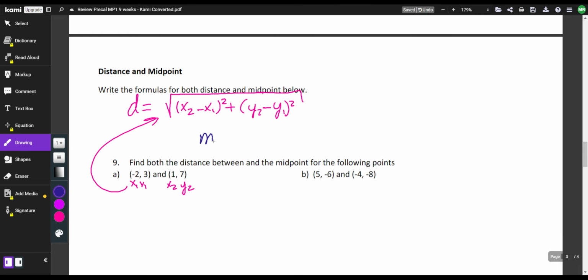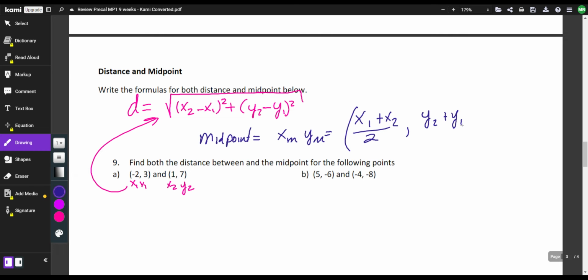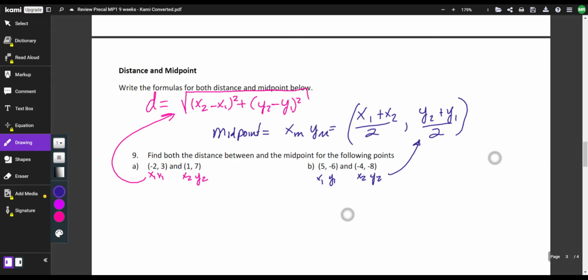The second is the midpoint formula: the midpoint equals (x midpoint, y midpoint), which looks like (x1 plus x2) divided by 2, comma, (y2 plus y1) divided by 2. Again, all we're going to do is take this x1, this y1, this x2, and this y2, and substitute them into the formula.